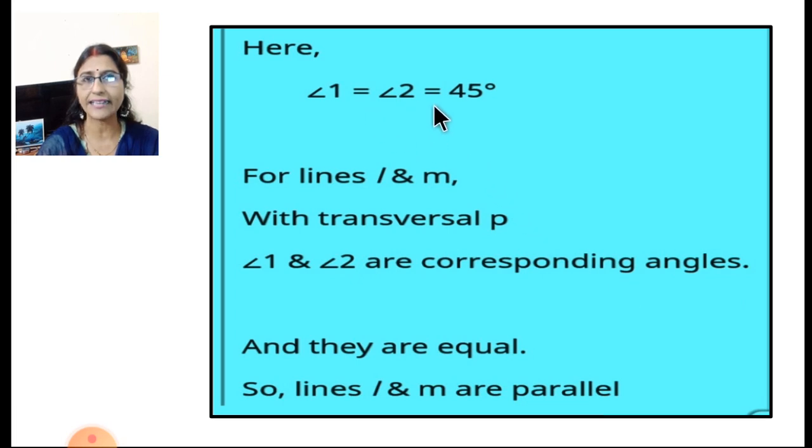We saw both the angles are corresponding angles and they are equal. They measure the same, that is 45 degrees. So when they measure equal, then the lines are parallel. So lines L and M are parallel.